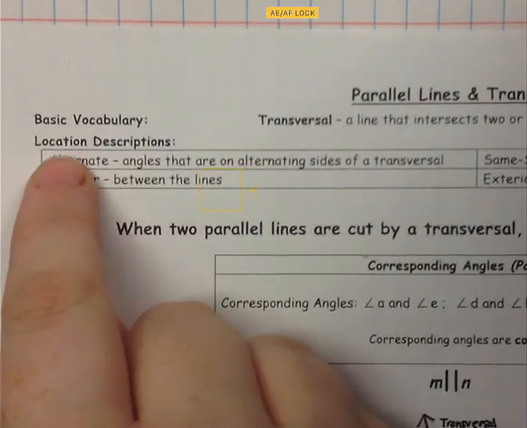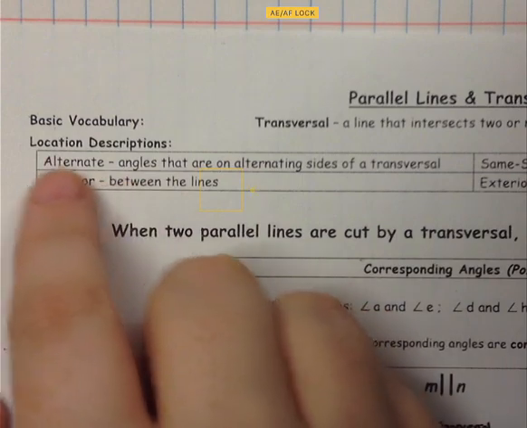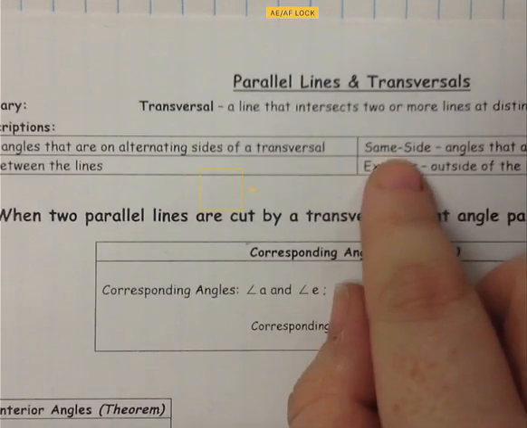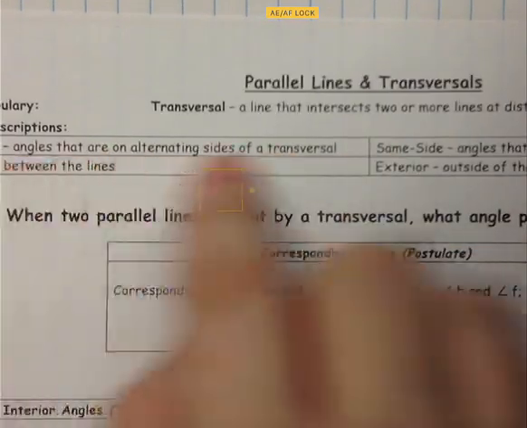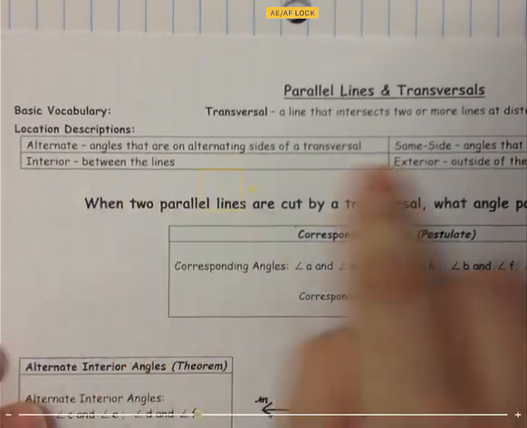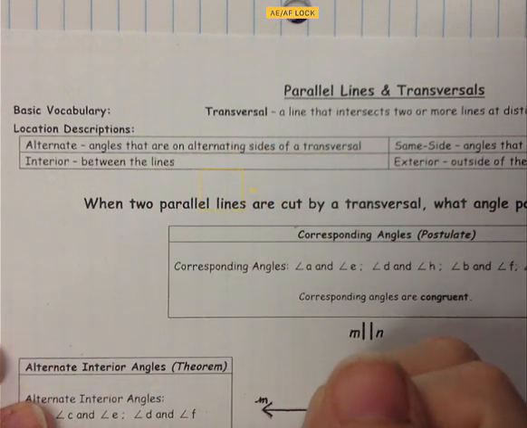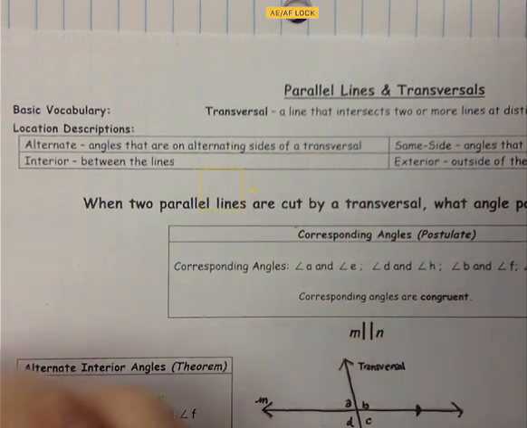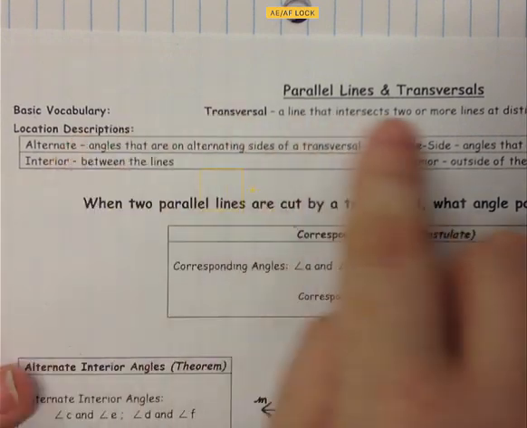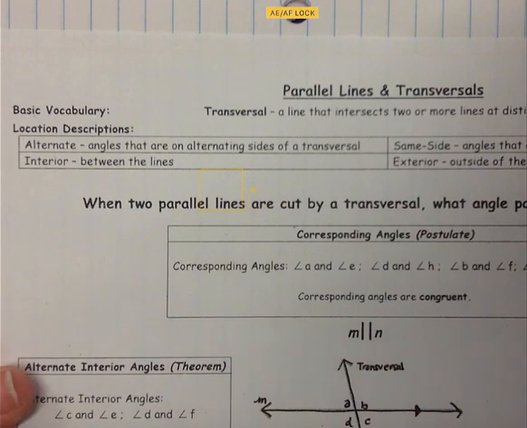To determine the location description, we pick one of each of the words: alternate or same side, and then one of interior or exterior. So you're going to have a combination of two words most of the time, depending on which one you're looking for.